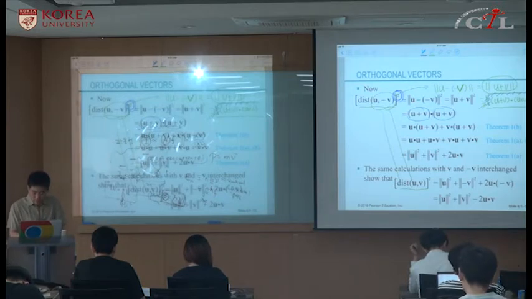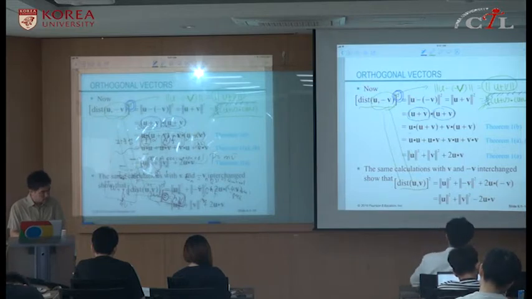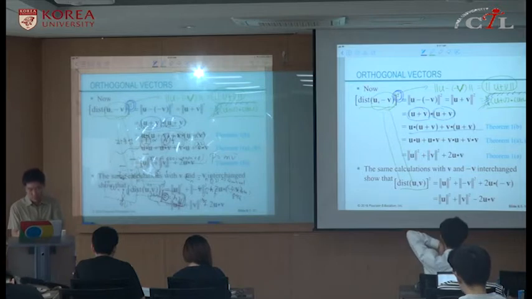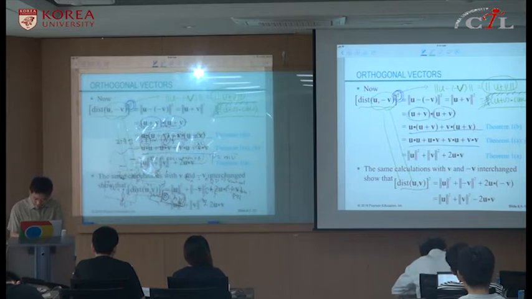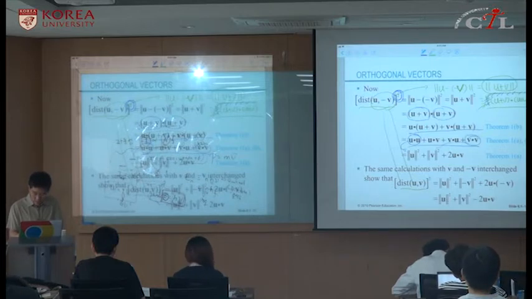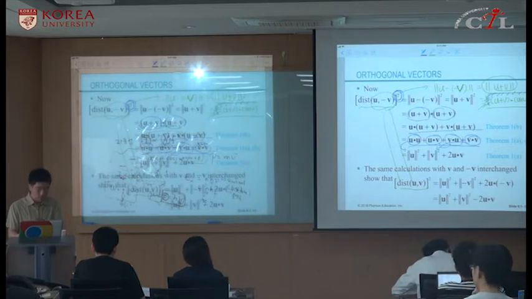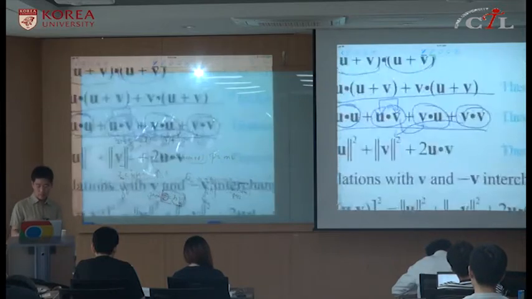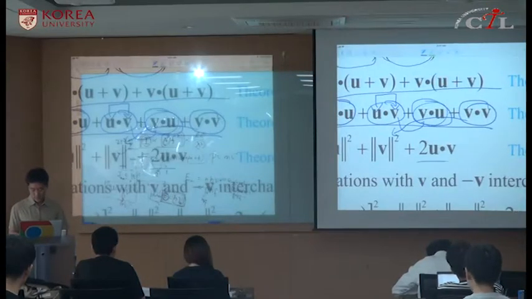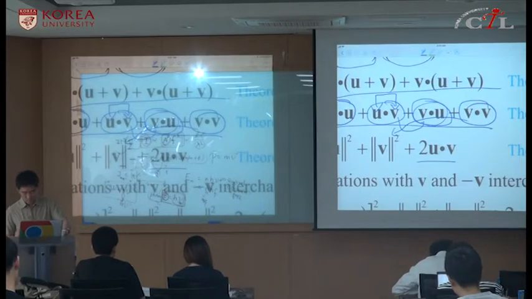And then we studied that this inner product satisfies the distributive law, and then we can represent it as this, and this is converted into the vector length of u and the vector length of v. And what about these two? They are the same thing because the inner product is commutative, right? And thus they are the same, and so we can represent it as 2 times u dot v.